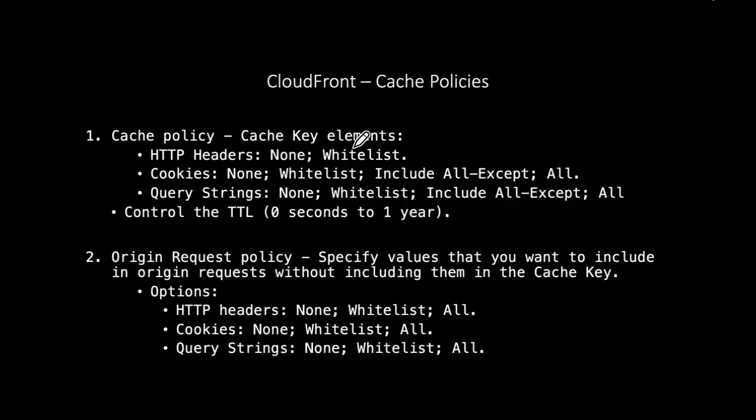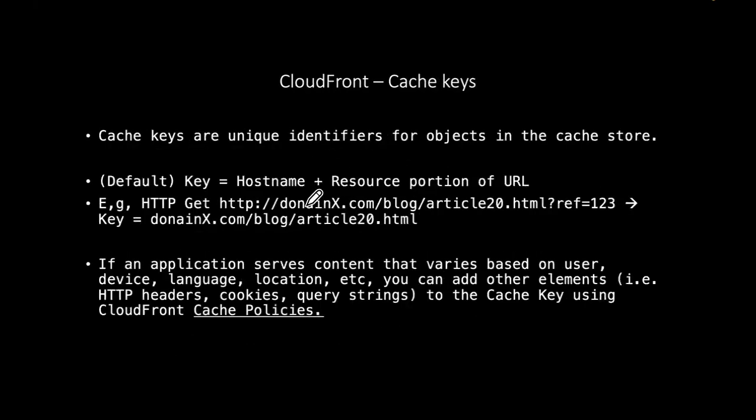Or you can provide a whitelist of HTTP headers. And the actual headers themselves are key value pairs, because HTTP headers are also key value pairs. They are concatenated and added on to what I showed you on the previous screen, to form the full cache key value.